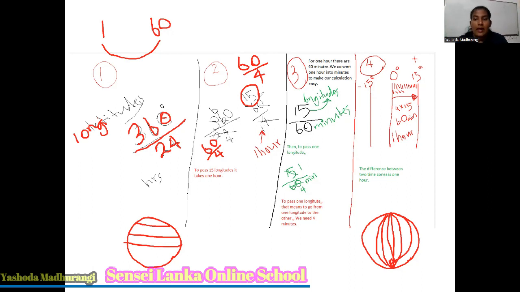You have to remember this to find the regional differences of time: to pass 15 longitudes, from 1 to 15, we need 1 hour. When we are doing international time and standard time calculations, we need this knowledge. That's why I did this at the beginning of my video.